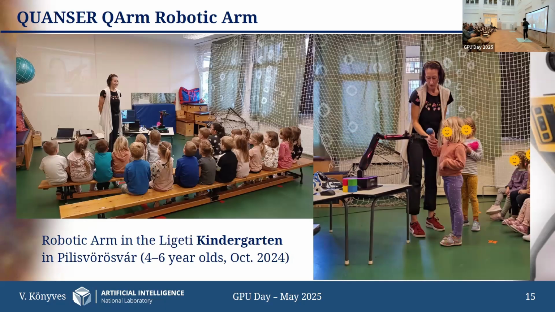You might see that projected on the wall. I made the robotic arm dance for them, and they could also touch it because I gave them a little exercise that they could do with my help. This is a robotic arm. It's not so big. It's not an industrial robot. It's for study and demonstration.